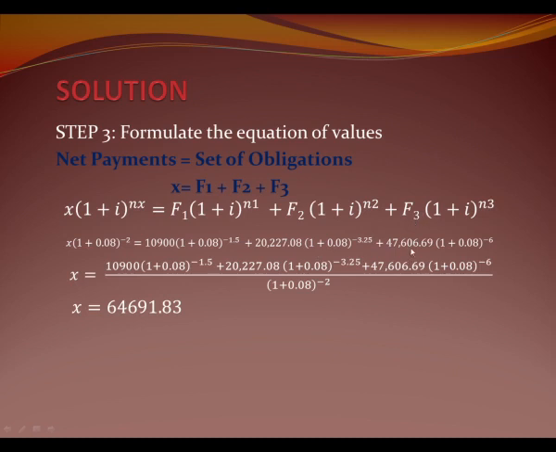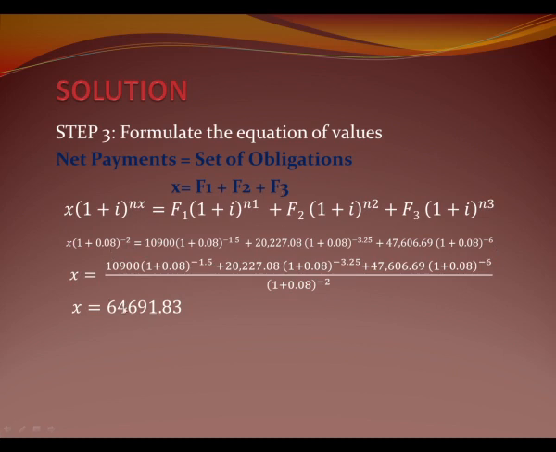And for the F3, which is 47,606.69 obtained from step 1, to be multiplied by 1 plus 0.08, and this is raised to negative 6 from step number 2. Then finding the value of X, we have to add all the values on the right side and then divided by the coefficient of X, which is 1 plus 0.08 raised to negative 2.